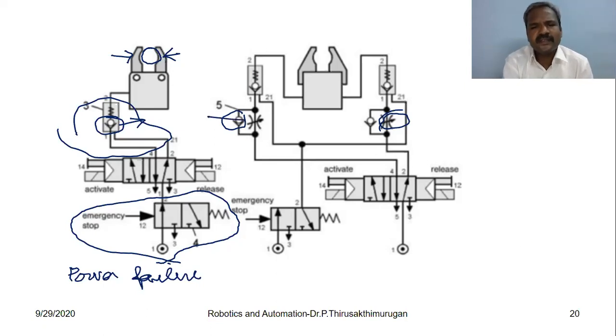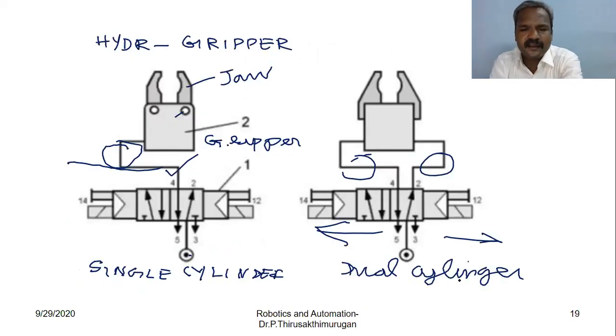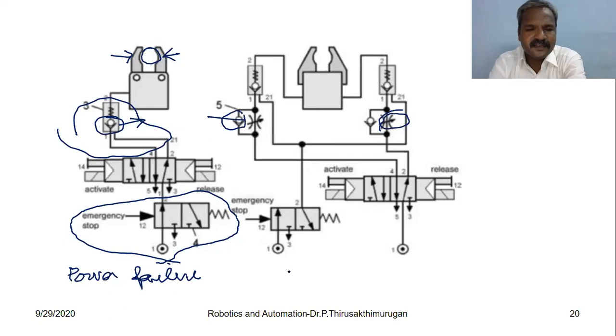When power fails, we can operate manually. So these are the four types: the previous two, single cylinder and double cylinder, along with the safety methods. Next is limiting of gripping force.